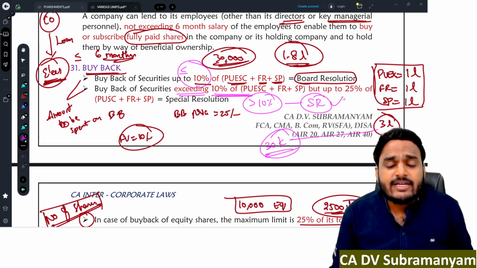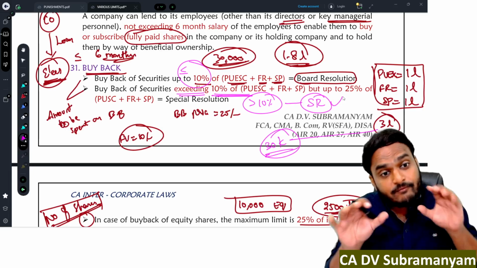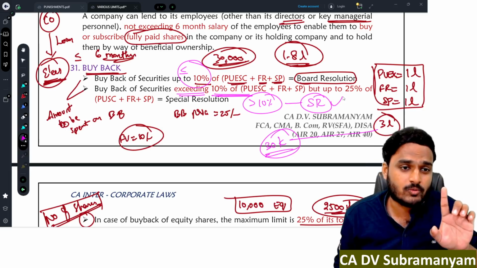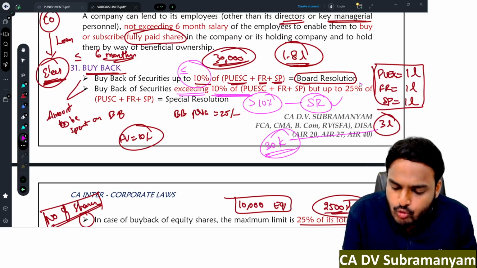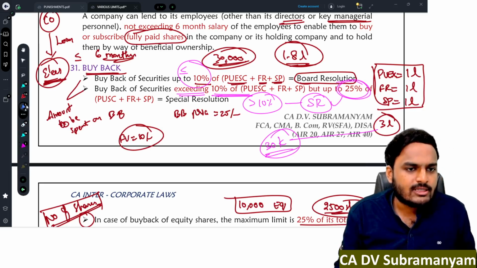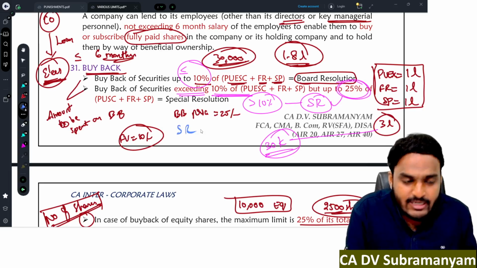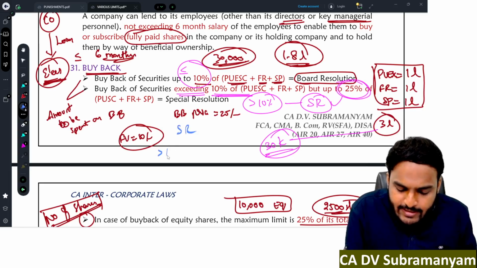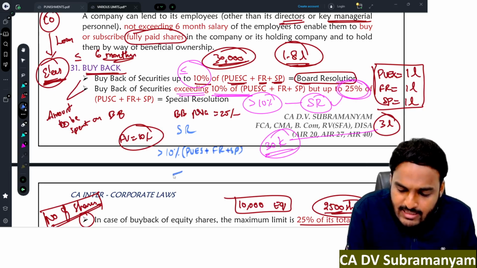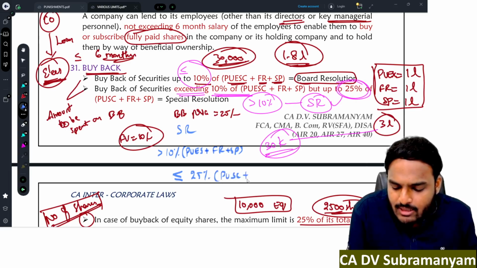And sir, exceeding 10% means can I spend 50% of paid up share capital plus free reserves plus securities premium? No, no, no. Maximum you can spend 25% only. That means the power of special resolution is greater than 10% and less than or equal to 25% of paid up share capital plus free reserves plus securities premium.